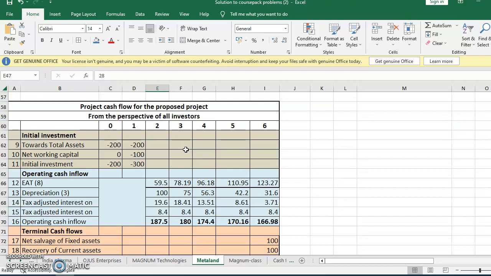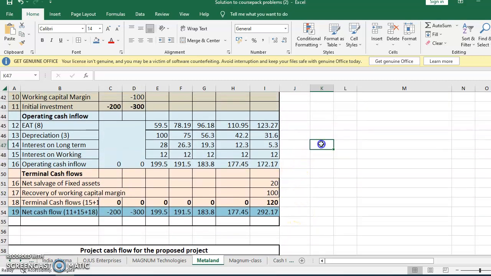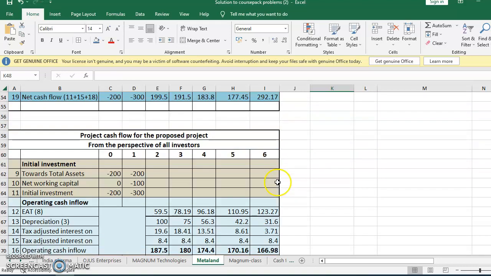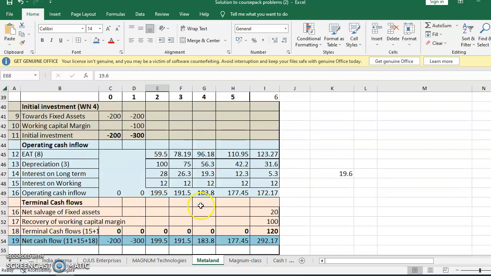So 28 into 1 minus 0.30. This is equal to 19.6. See, this is how we got it.